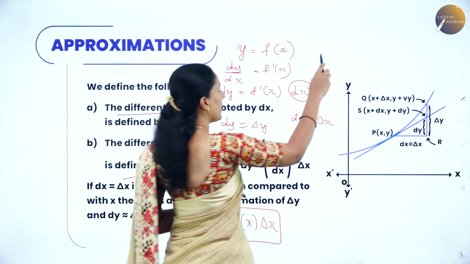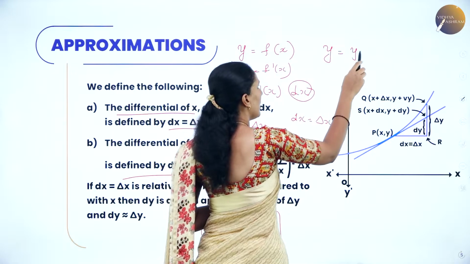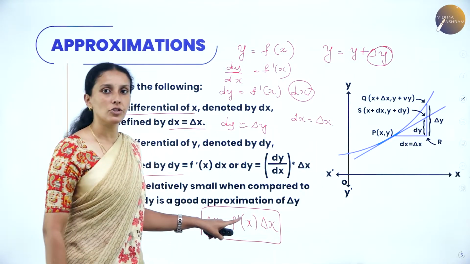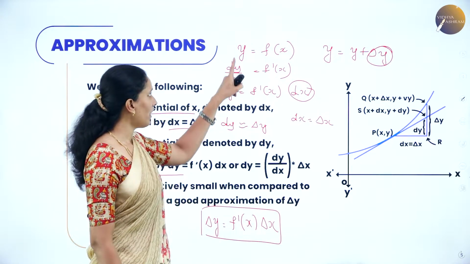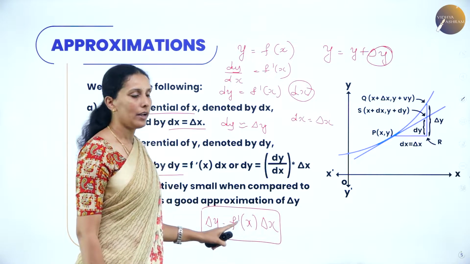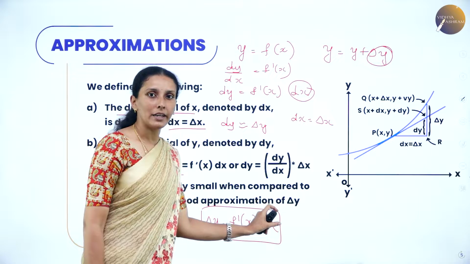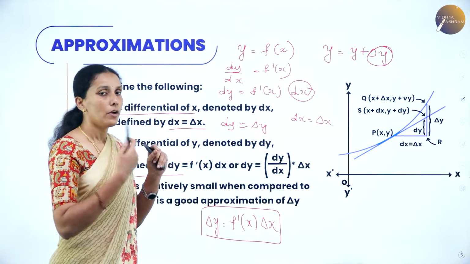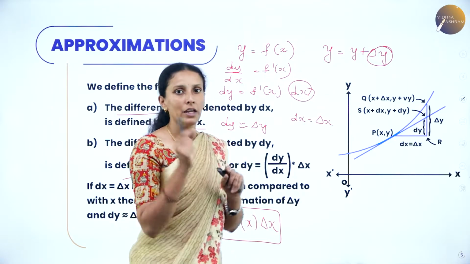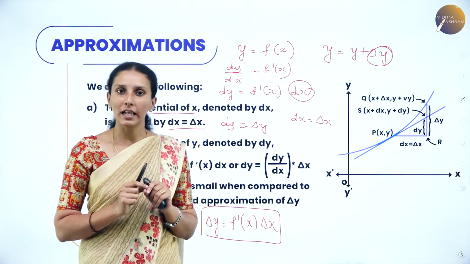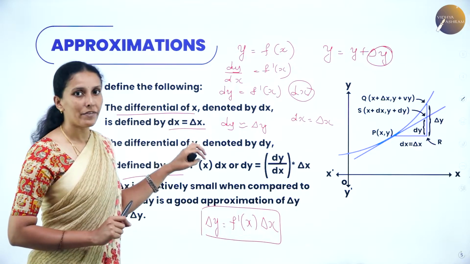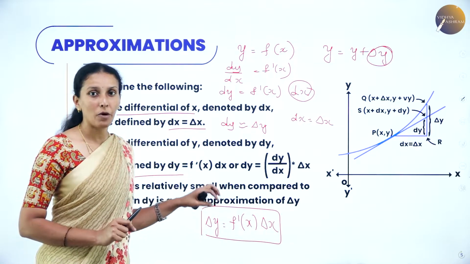We write y as y plus delta y, where delta y takes the value of f dash of x into delta x. So the function is differentiated and the small increment in x is multiplied to get the small increment in y. Thus, when we add it to the given y, the result is nothing but the approximated value. So this is how we define approximation with the help of derivative.